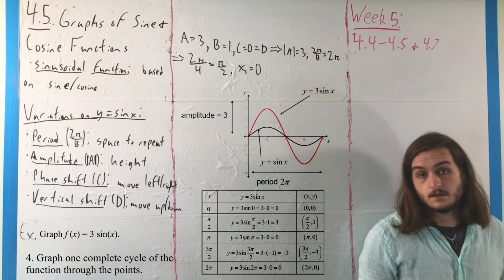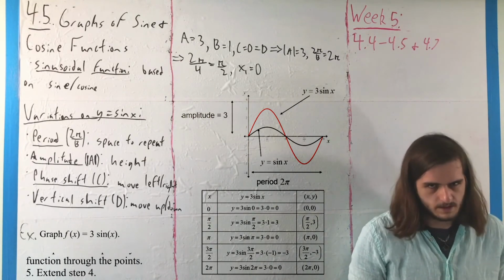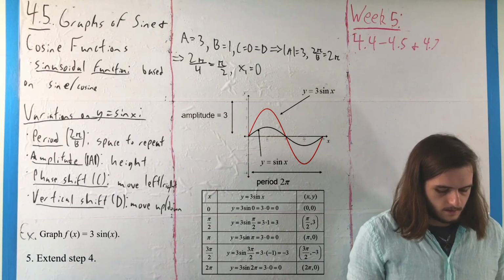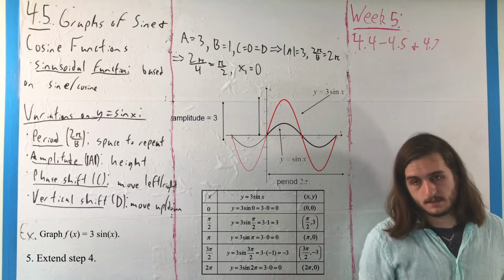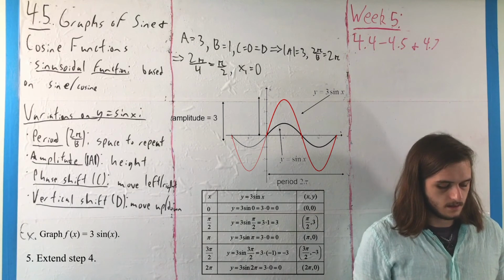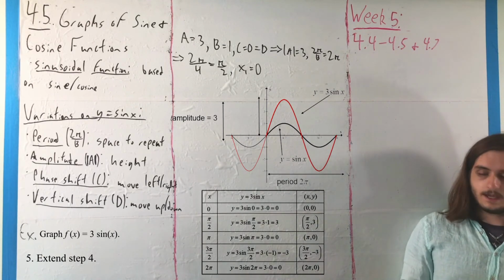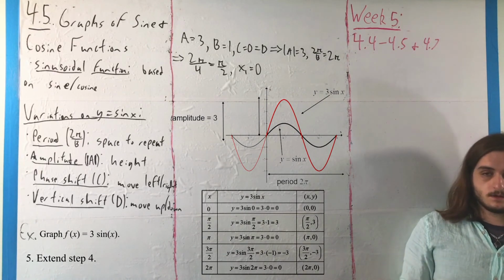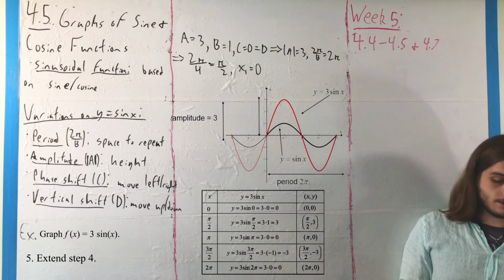And that is our 4th step, where, because we want to get a little bit more, we can extend this out a bit wider, another half period to the left, like so, by repeating that downward cone, where we can see the period that repeats every 2 pi, as well as the amplitude, the height from the middle of 3, and the fact that there's no shifts, so it starts around the origin.